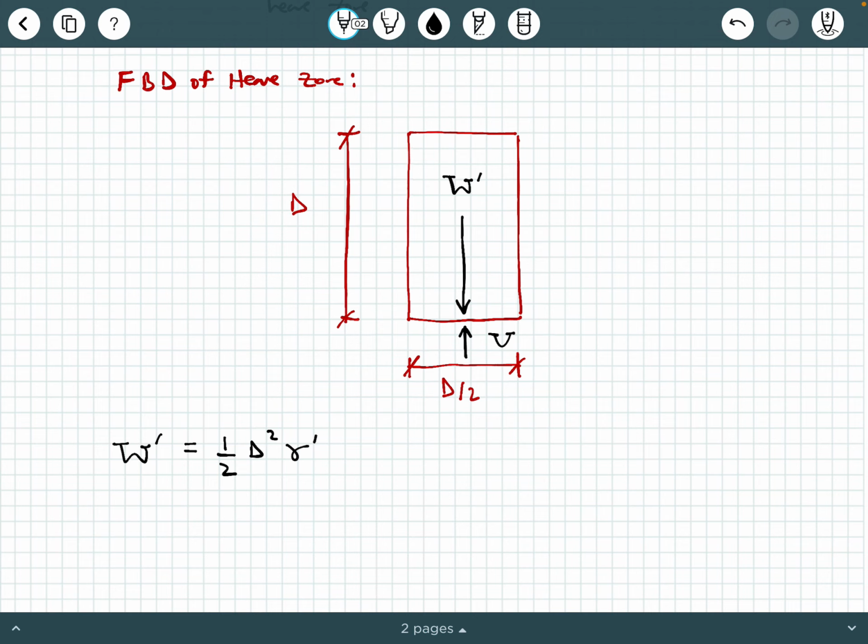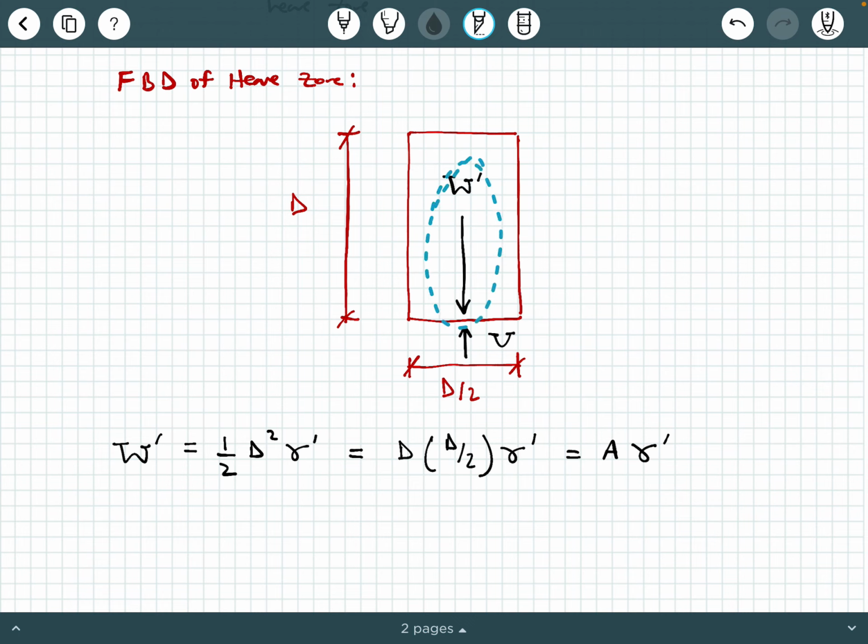It comes from D, which is this dimension, times D over 2, which is this dimension, and then times gamma prime. You might be thinking, wait a second, this is just an area times gamma prime, right? Well, this is still the same idea as seepage force per unit volume, except you are looking at it per unit length of sheet pile wall.